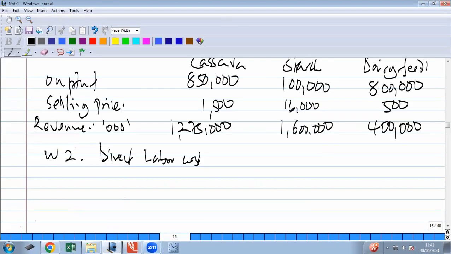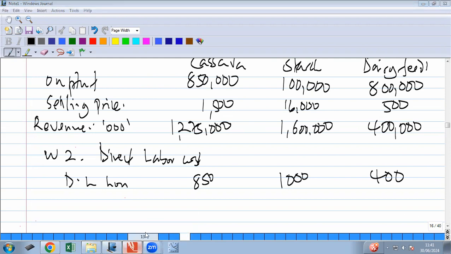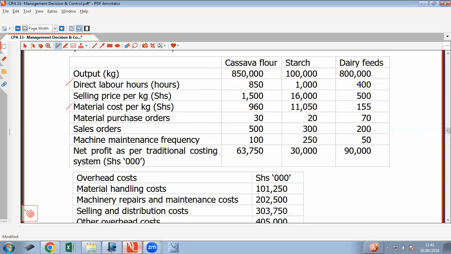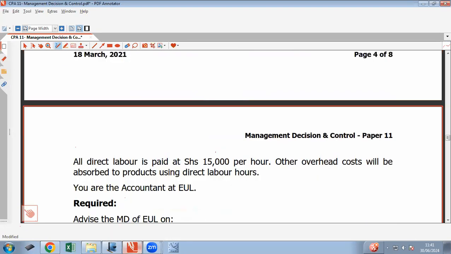So for products, we have direct labor hours. 850, then 1,400. Is it per unit or just total? They have not mentioned per unit, so we don't need the units.